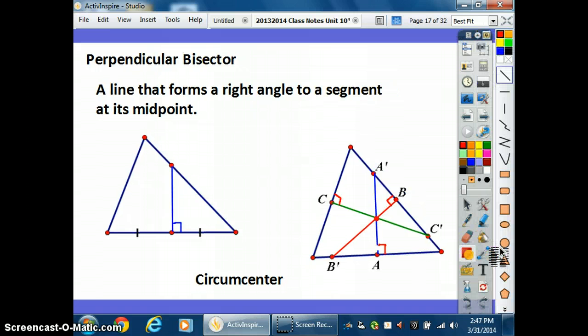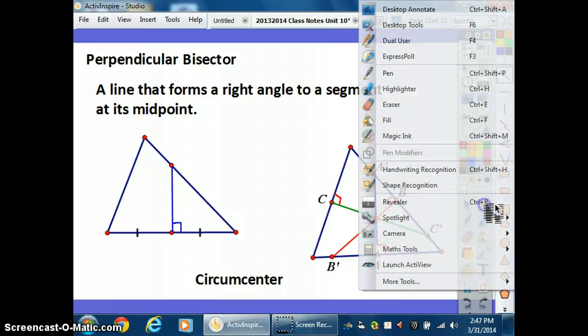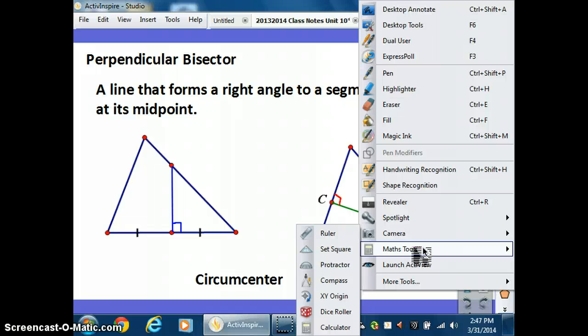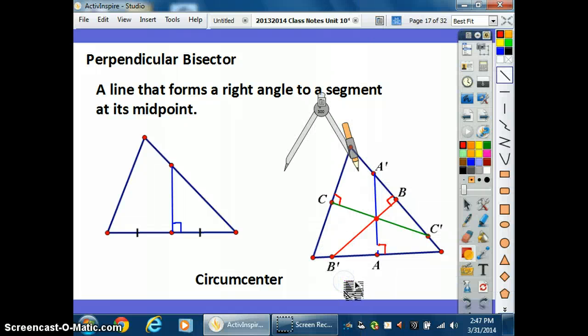I'm going to go to my math tools and bring out my compass. And I want to show you what this does.